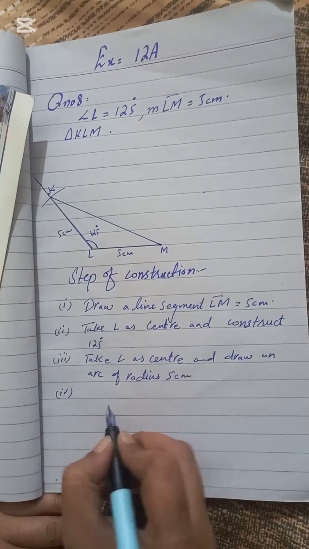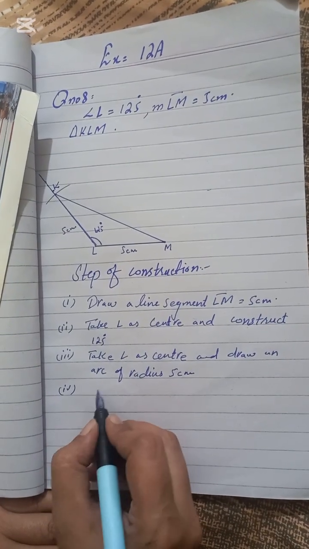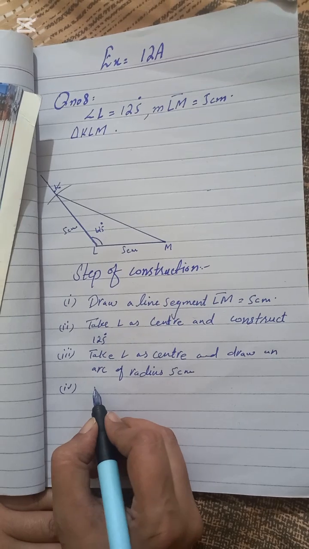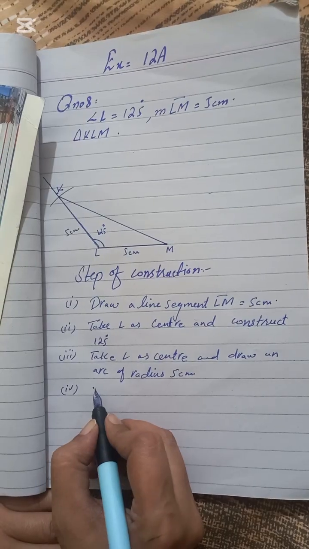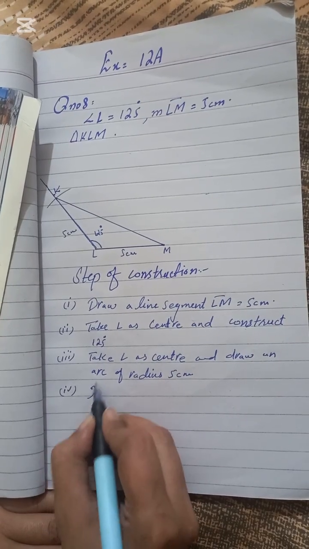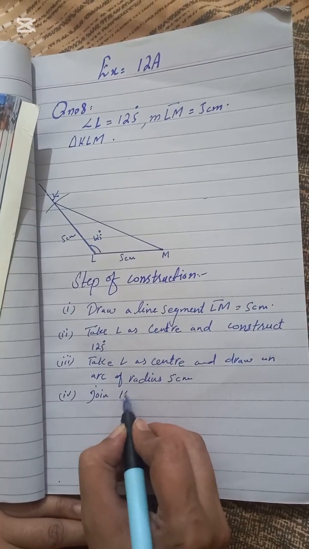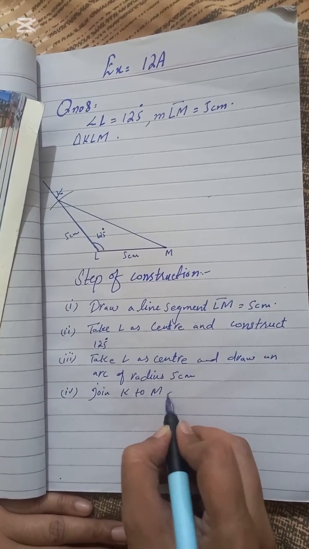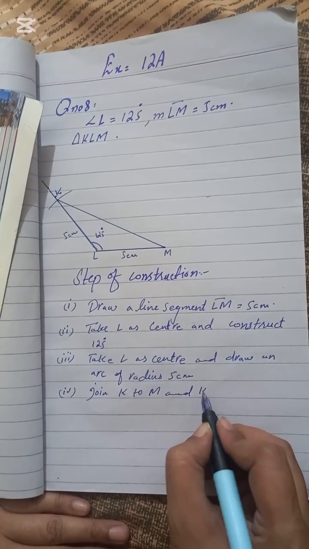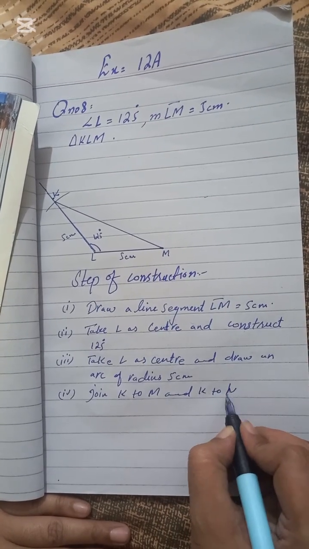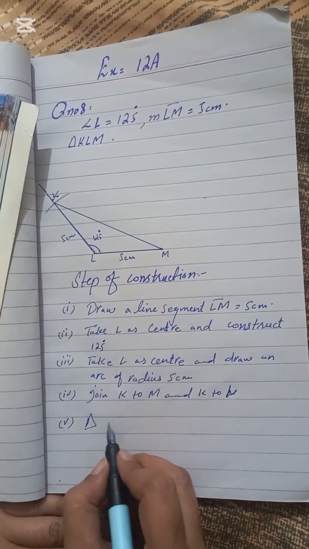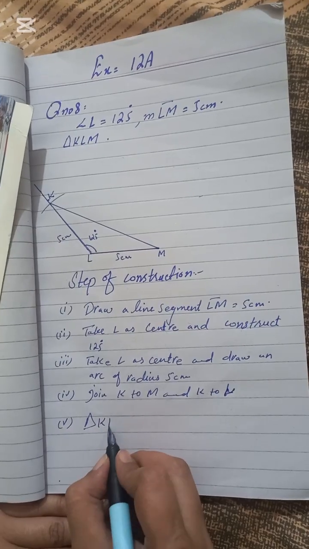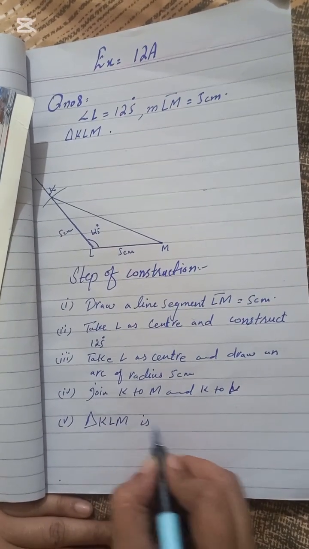Number 4, join K to M and K to L. Number 5, triangle KLM is required.